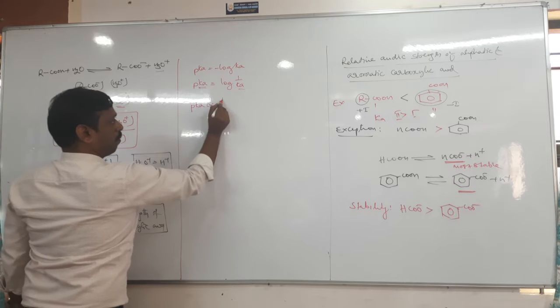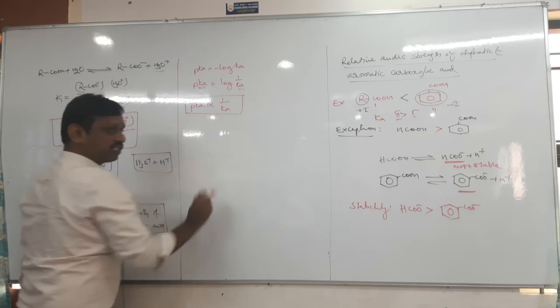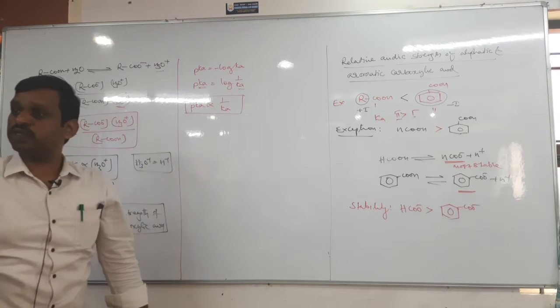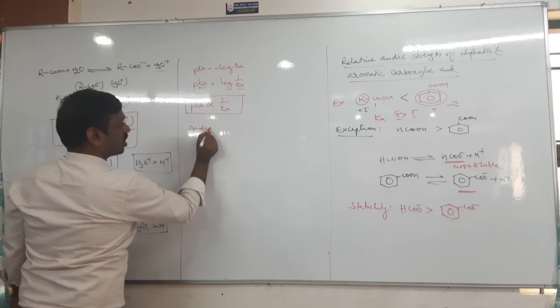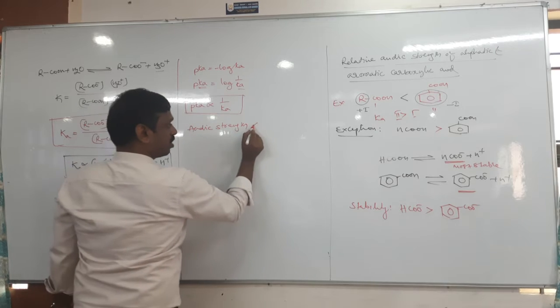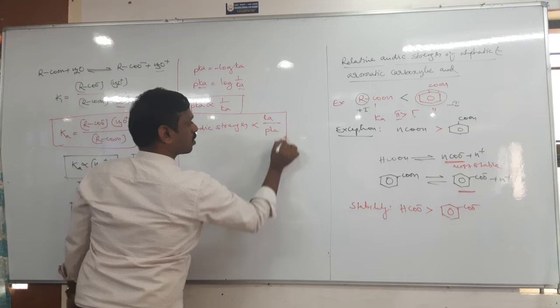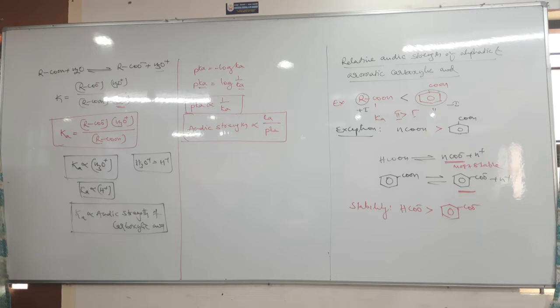So pKa is inversely proportional to Ka, but Ka is directly proportional to acidic strength. Therefore I want the relation between acidic strength and pKa. Yes, acidic strength is directly proportional to Ka and inversely proportional to pKa. Right?